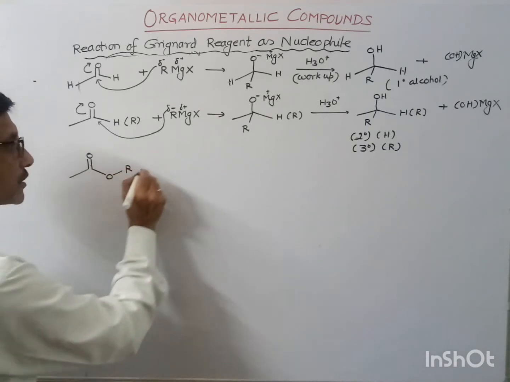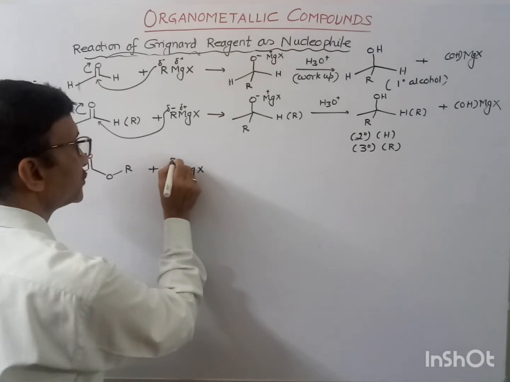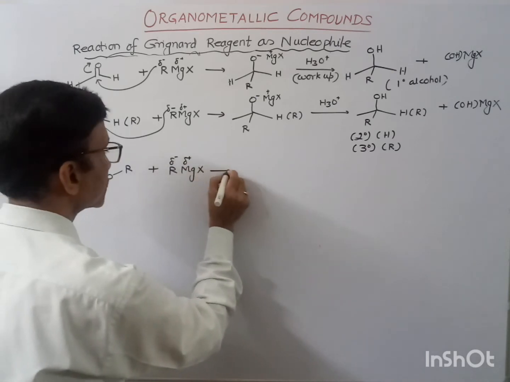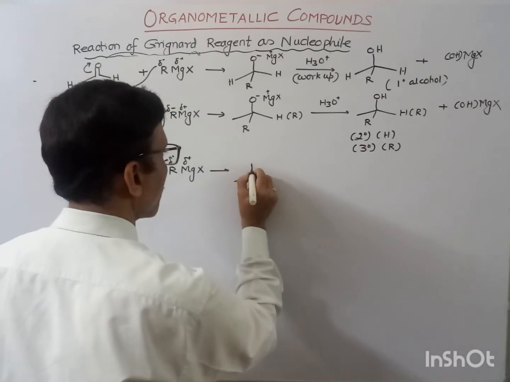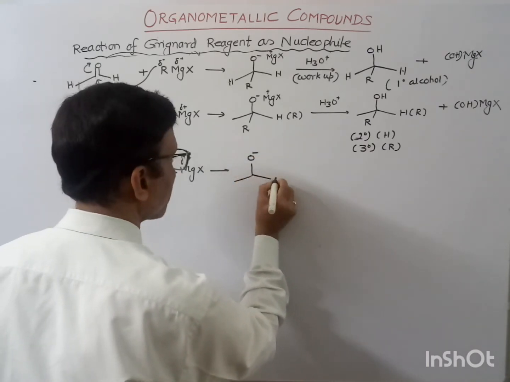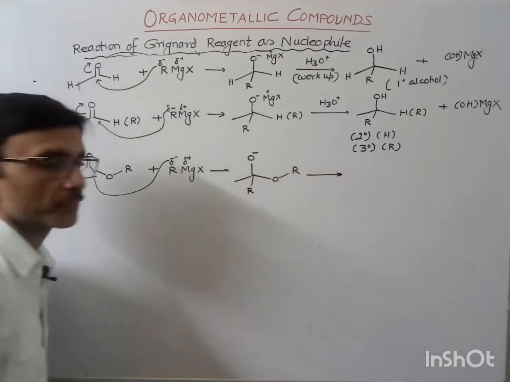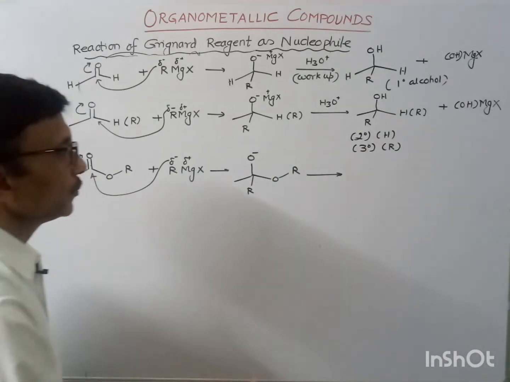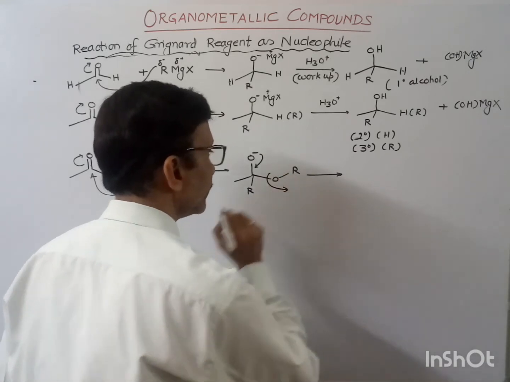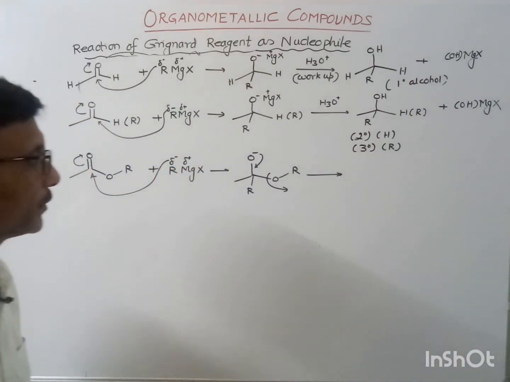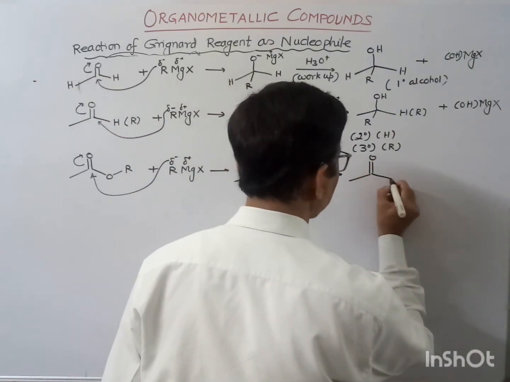So if we have an ester, then again the nucleophilic addition reaction will take place, and this will come back, and the alkoxide, being a good leaving group, will leave out, and what we will get here is the ketone.